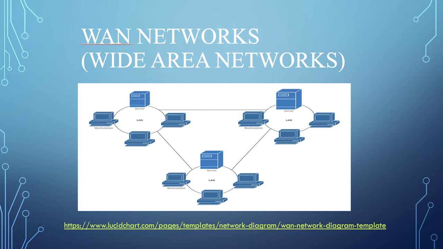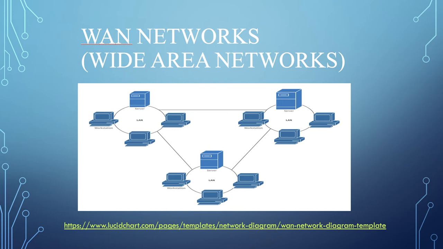So you have a LAN at each of your little branches, and you connect your branches together using a WAN. Most companies don't make their own WAN. They have to use a cable company or a phone company to connect all of these together.